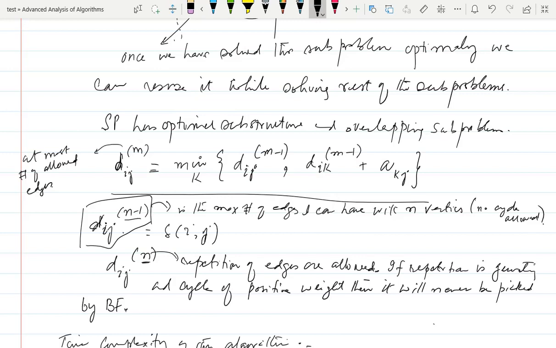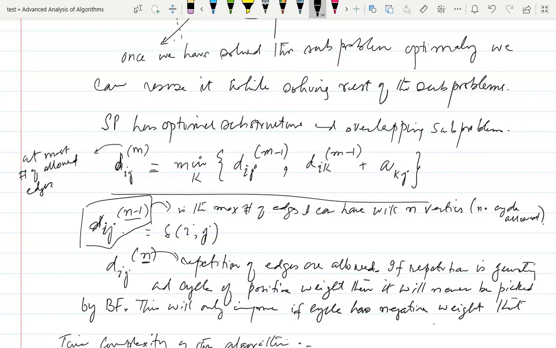But that means Dijn will only improve if the cycle has negative weight.